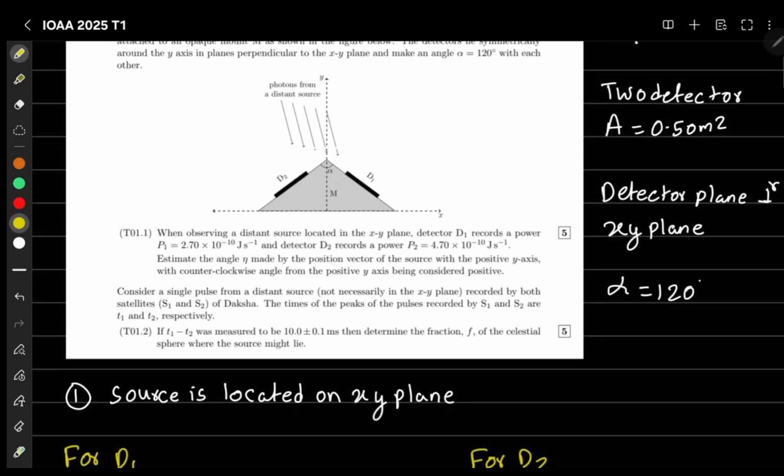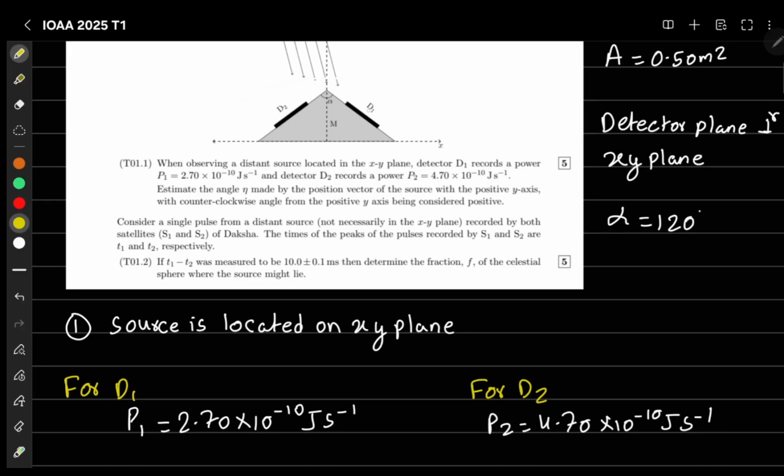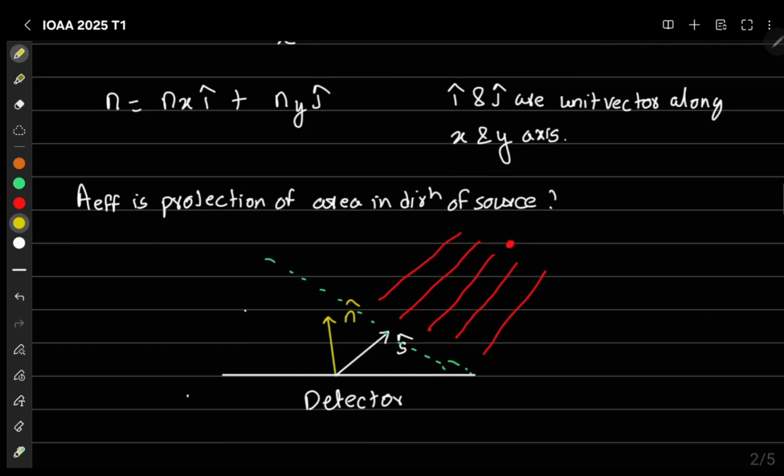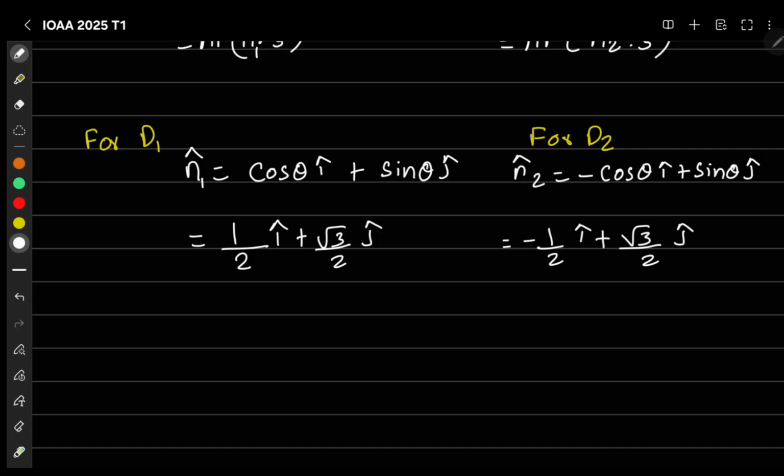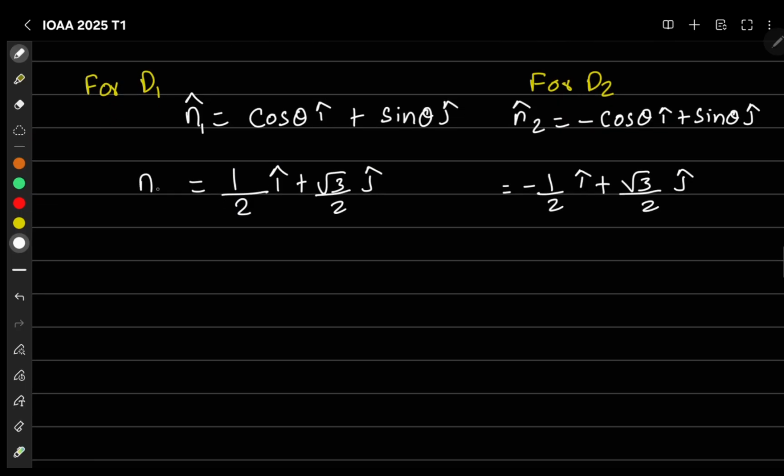If I look into the image, I can simply take this angle as theta and then resolve the unit normal vector there. So with theta being 60 degrees, it would be 1 by 2 i cap plus root 3 by 2 j cap, and minus 1 by 2 i cap plus root 3 by 2 j cap. So now I got n1 and n2.